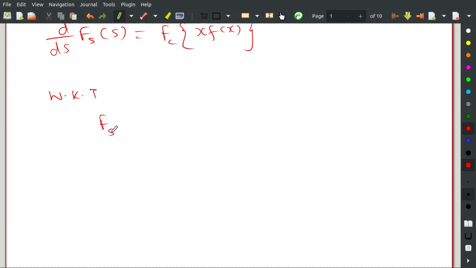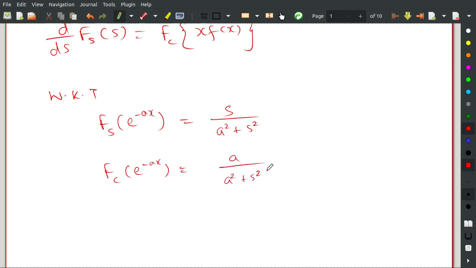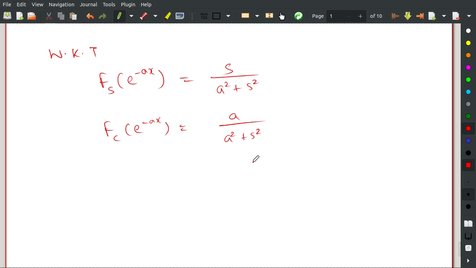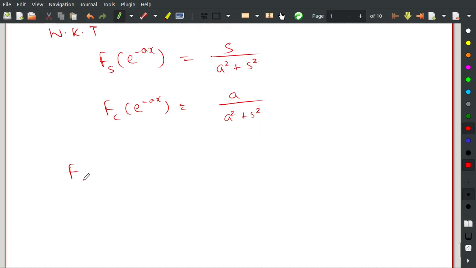The Fourier sine transform of e power minus ax is nothing but s divided by a square plus s square. And the Fourier cosine transform of e power minus ax equals a divided by a square plus s square. Okay, so what's the Fourier cosine transform of x into e power minus ax?